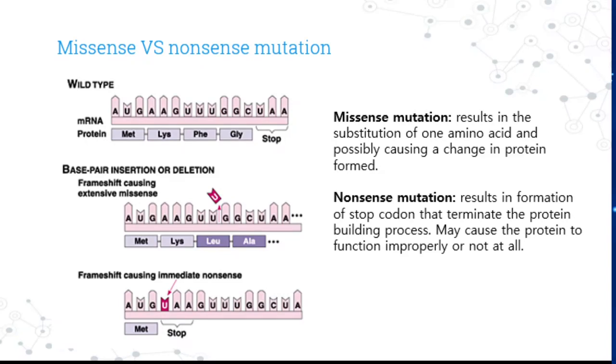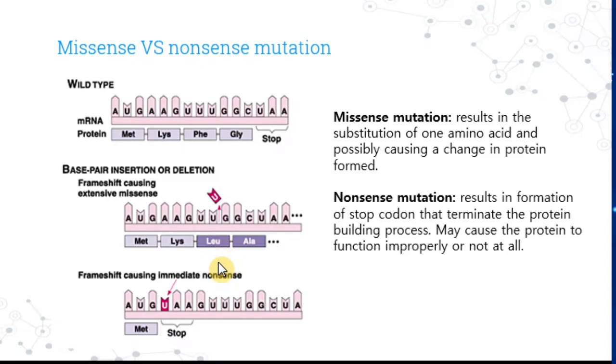It will shift the sequence forward or backward, so the codons are also changed. For example, here there is a deletion of U. So from UUU in this codon, it becomes UUG. So the amino acid that is translated is also different, from PHE to LEU.